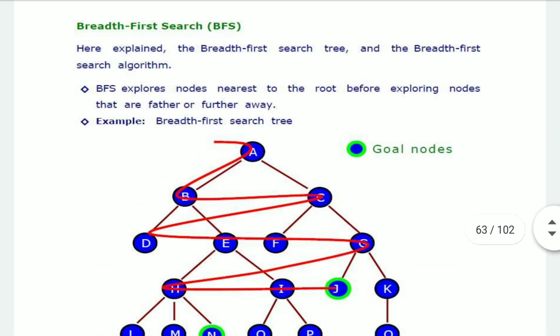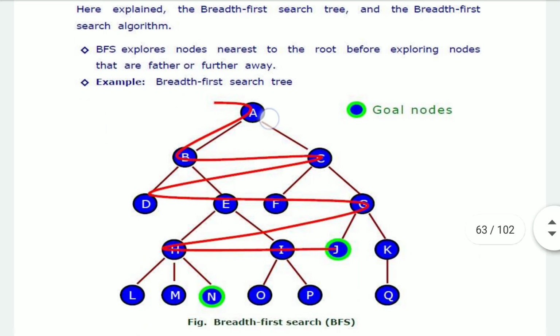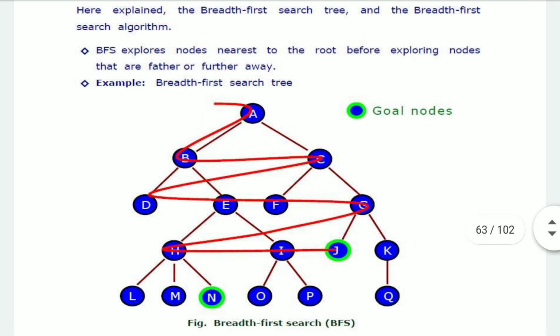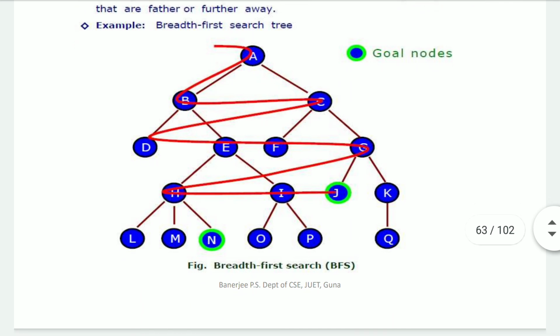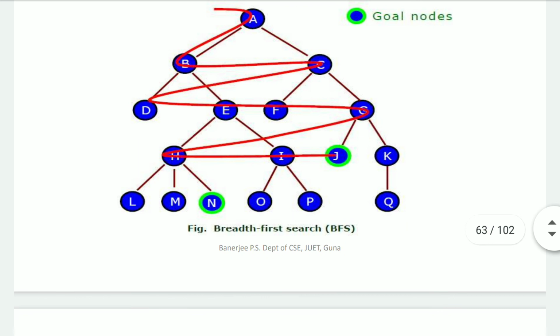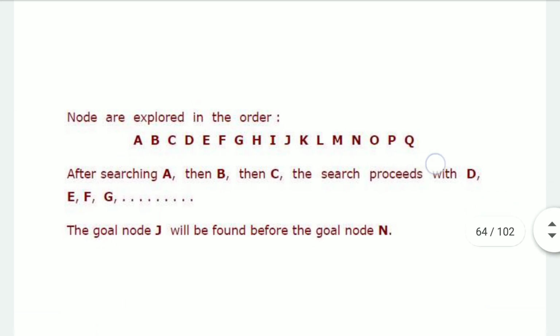The BFS algorithm. In case of BFS, what we do is we do a level-wise search. We go for the 0th level, then the first level, then the second, the third, and the fourth. So I'll be moving in a raster scanning technique: A, B, then C, then D, E, F, G. Likewise, we'll be going, and this is the solution for that. We are having a solution out here, right?